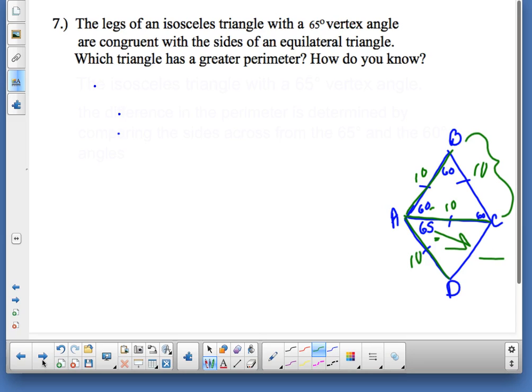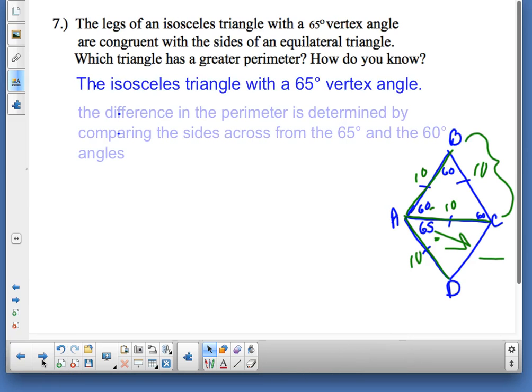And because perimeter is adding all three sides together, and in the equilateral triangle they're all the same length, the isosceles triangle's base side is larger than the equilateral triangle's side. Therefore the isosceles triangle with a 65-degree vertex angle has a longer side, and the difference in the perimeter is determined by comparing the sides across the 65 and the 60 angles. Okay, and that's where I'm getting it.